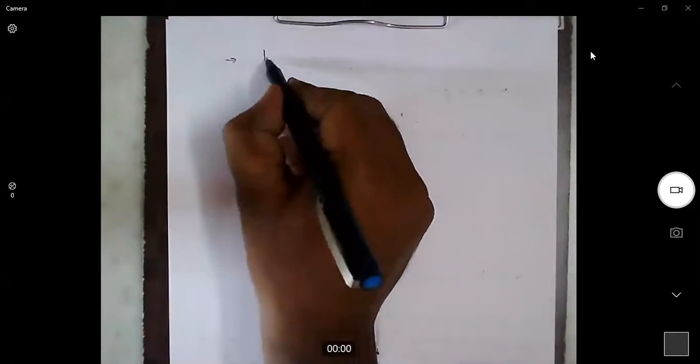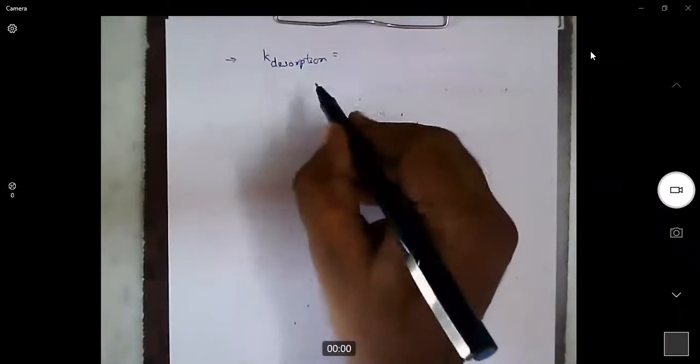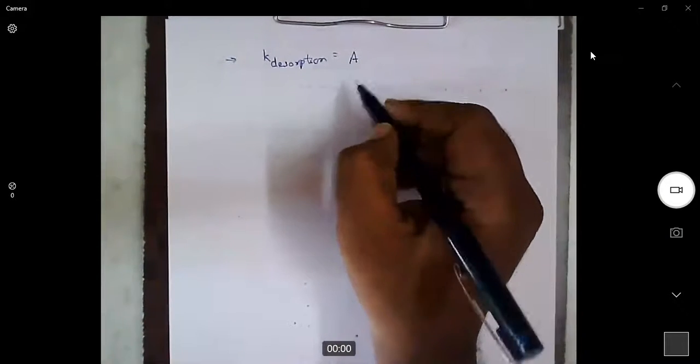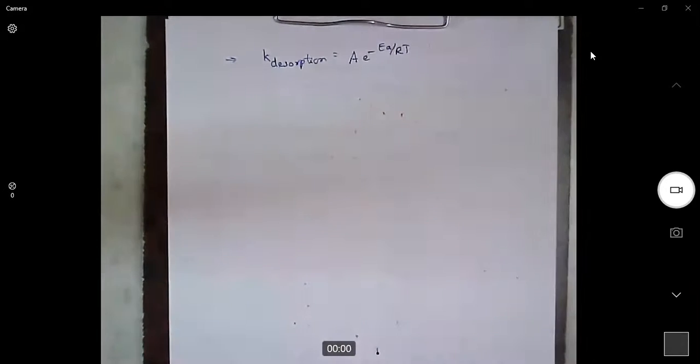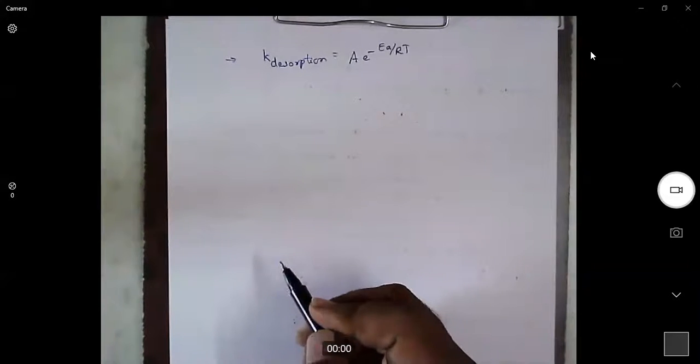Just take this formula. The rate constant for desorption follows an Arrhenius type equation, K desorption equal to A into e power minus EA by RT.